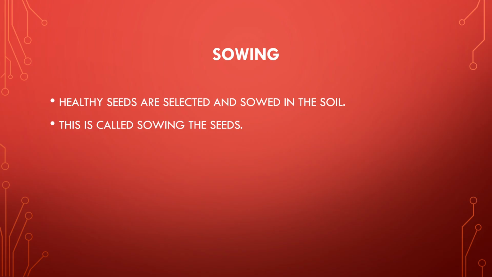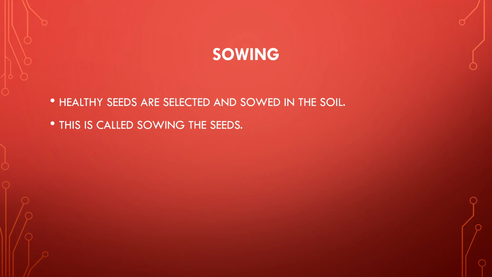If we don't leave space between every seed, and there's no space, if one seed is stronger than another, it will take the energy of the other seed, and that seed cannot grow. So there should be enough gap left between each seed. It's very important, or else you can't grow crops.